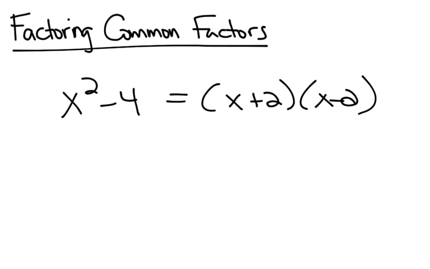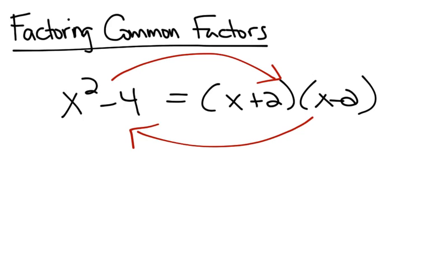Factoring is the inverse process of distributing. This way is distributing. This way is factoring. So if you have something in the form a squared minus b squared, it would factor into a plus b, a minus b.